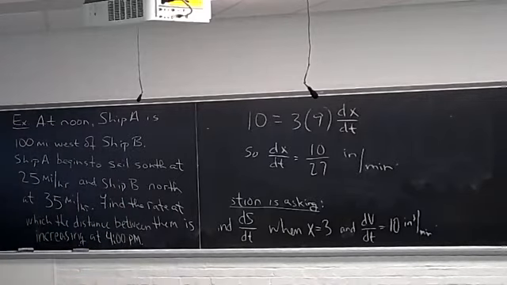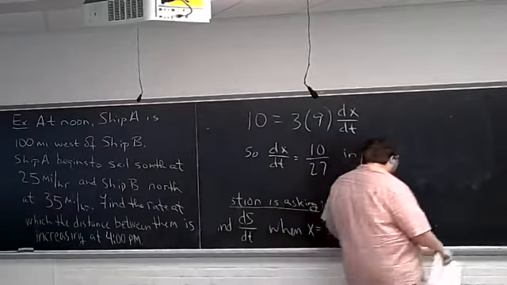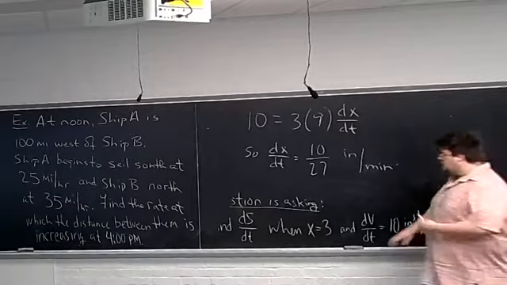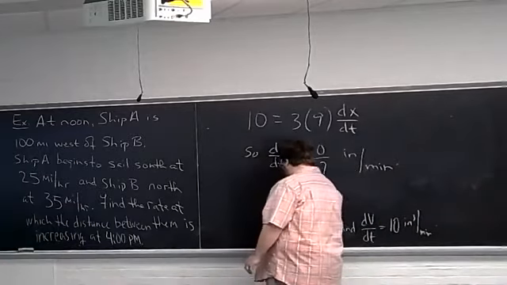Ship A is 100 miles west of ship B. Ship A begins to sail south at 25 miles per hour and ship B north at 35 miles per hour. Find the rate at which the distance between them is increasing at 4 p.m. We have a situation which is changing as time is changing. This question is saying, what happens at a given instant during that change?